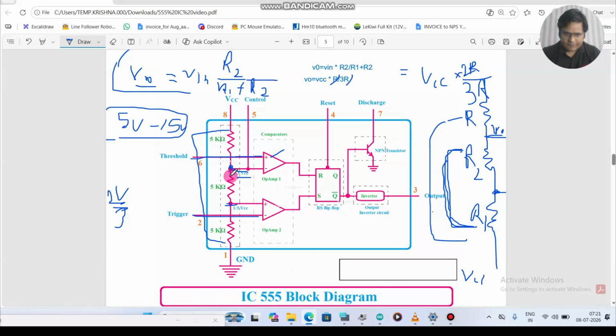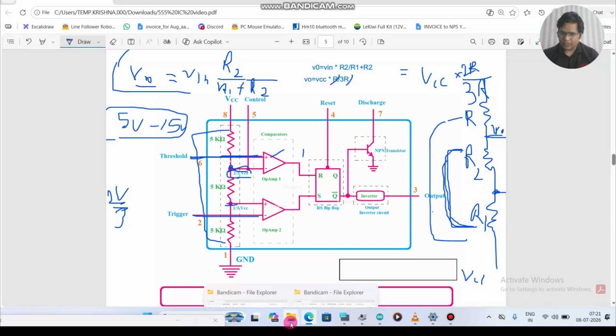So whenever the voltage on the threshold pin is more than 2 by 3 VCC, okay, then it will make the output 1.